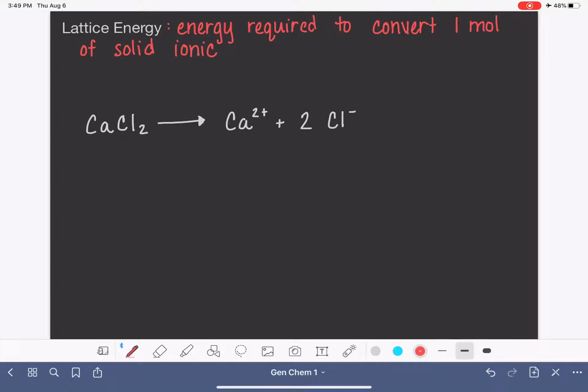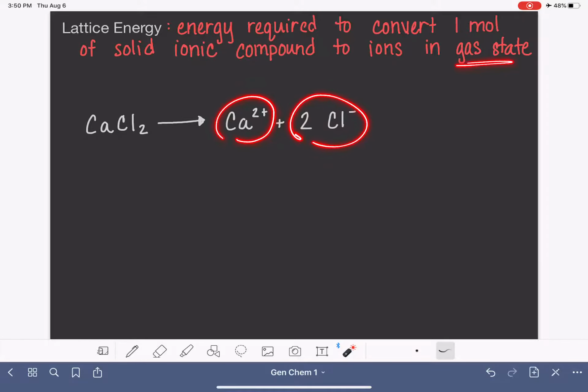Not all ionic compounds are always in the solid state, but the lattice energy always involves starting them out in the solid state, not a liquid state, not a gas state, converting 1 mole of a solid ionic compound to ions in the gas phase. So not only are we ripping these ions apart, but we're also vaporizing them, turning them into gas. So you can imagine there's quite a bit of energy going on here.